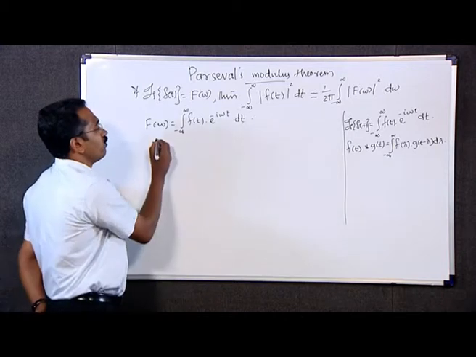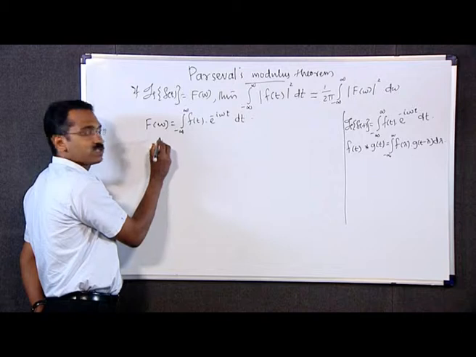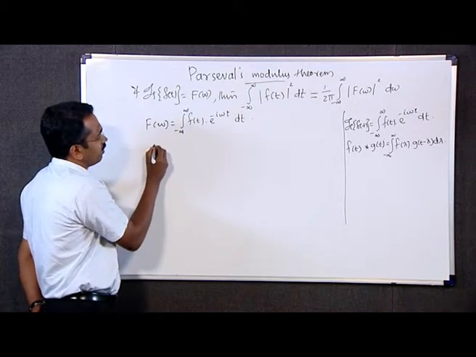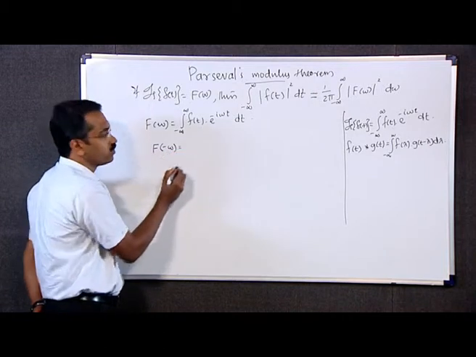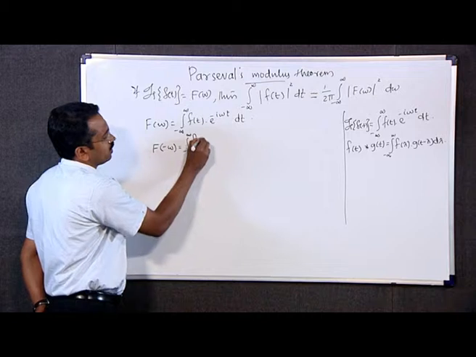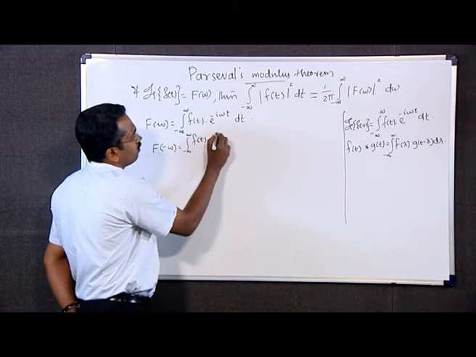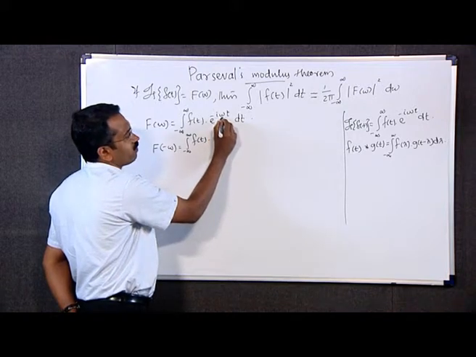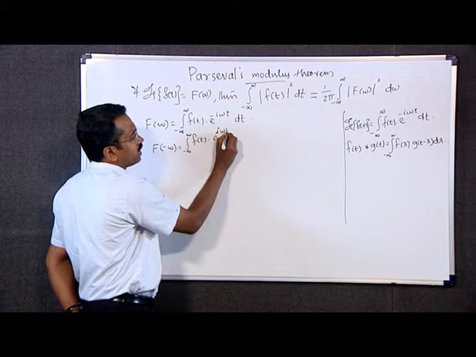Now, we are replacing the variable omega by minus omega. We can write this as F of minus omega is equal to integral from minus infinity to infinity f of t into e raised to minus I of minus omega t, that is e raised to I omega t dt.